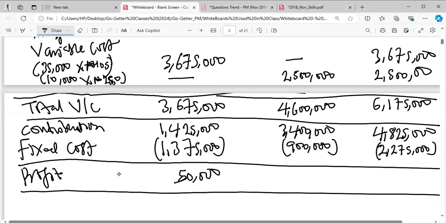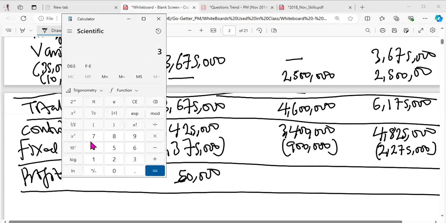That's the profit. Now the profit for the second one, we have 3,400,000 minus 900,000. Profit is 2,500,000.